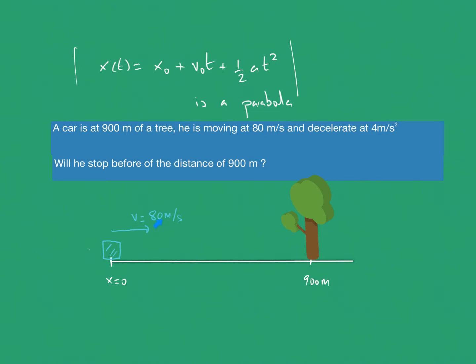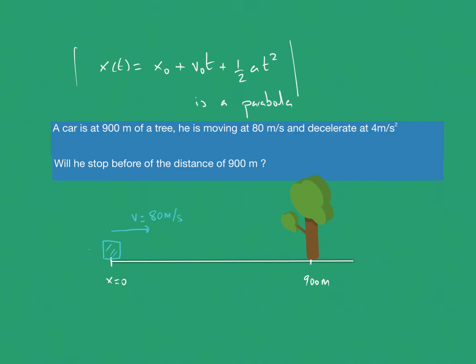The velocity starts at 8 meters per second, but because he put on the brake and he decelerates at 4 meters per second squared, he will lose 4 meters per second every second. So in the first second, his new velocity will be 4 meters per second. The equation will say everything.